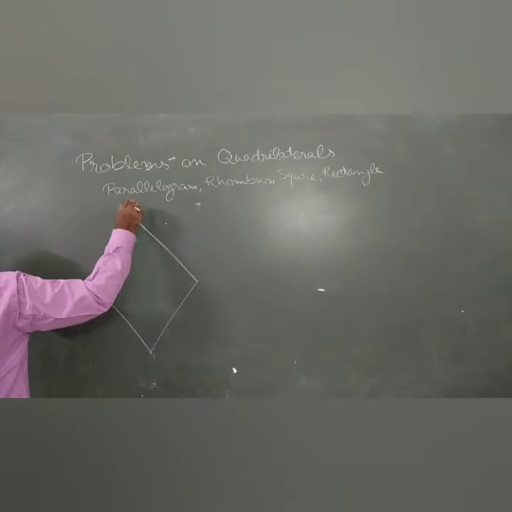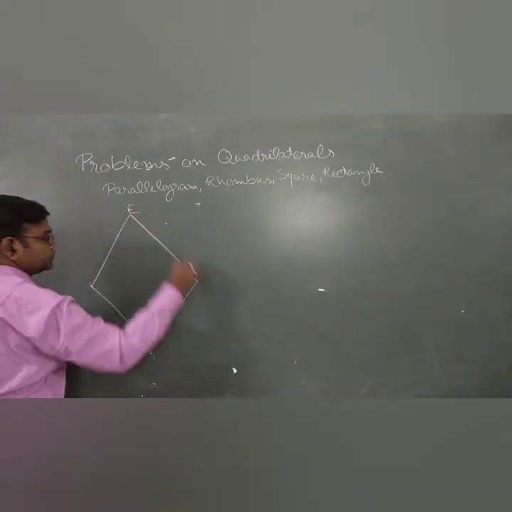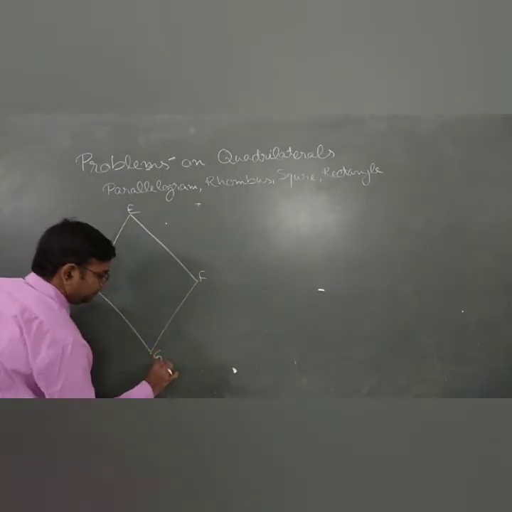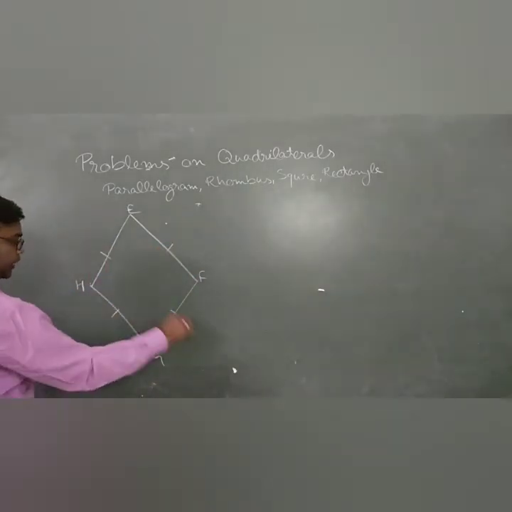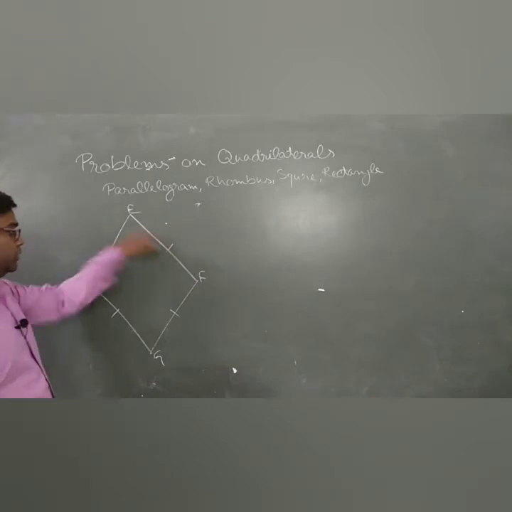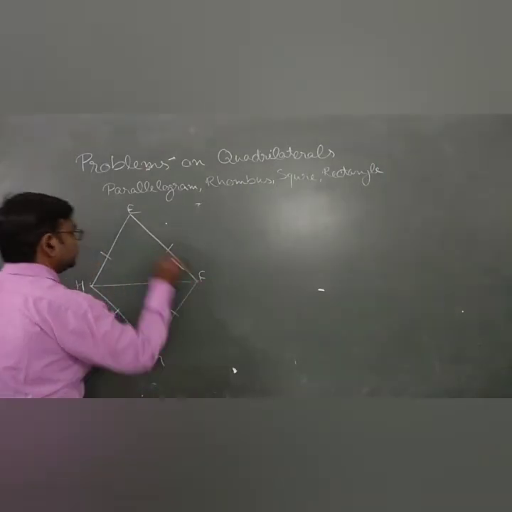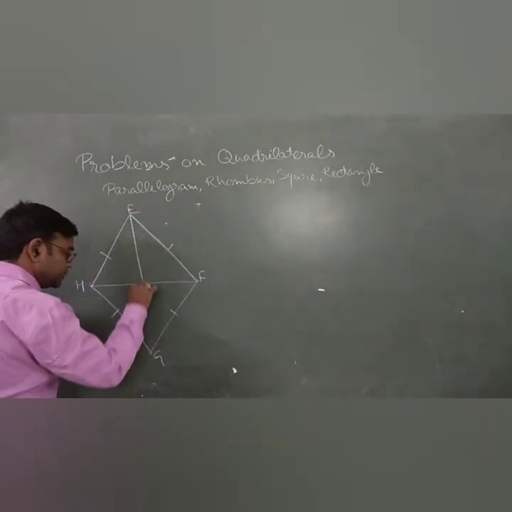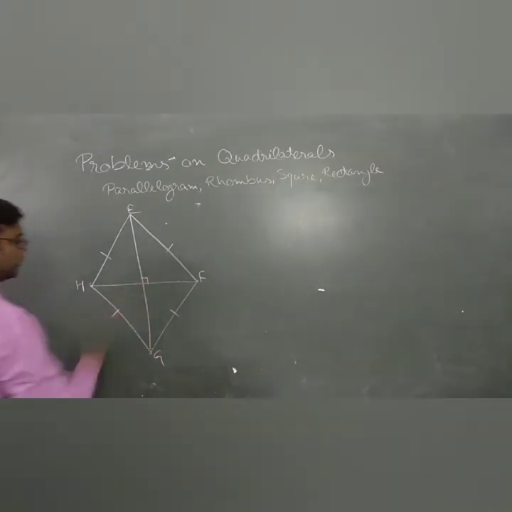This figure EFGH is a rhombus. EFGH is a rhombus, means all sides are parallel to each other and equal to each other. This is a parallelogram also. Rhombus means a parallelogram having all sides equal to each other. And it also says that its diagonals bisect each other at 90 degrees, means this is your 90 degrees.